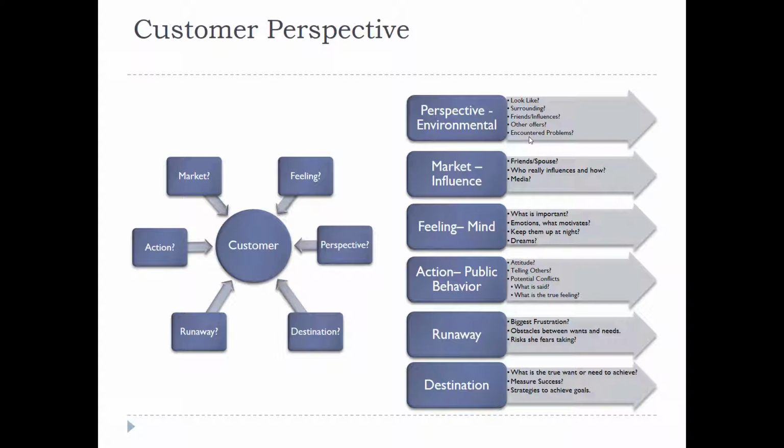Are they encountering problems, and what are those problems? What's that environment the customer is dealing with? When you meet with customers, make sure you understand to the best of your ability their environment. What are the market influencers, such as friends, spouses? If you get that information, it all helps with that customer. Who really influences and how?